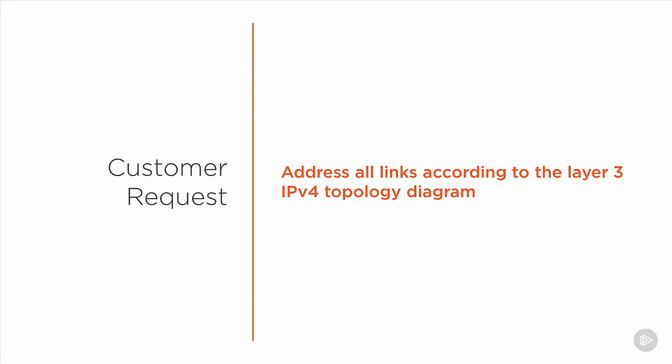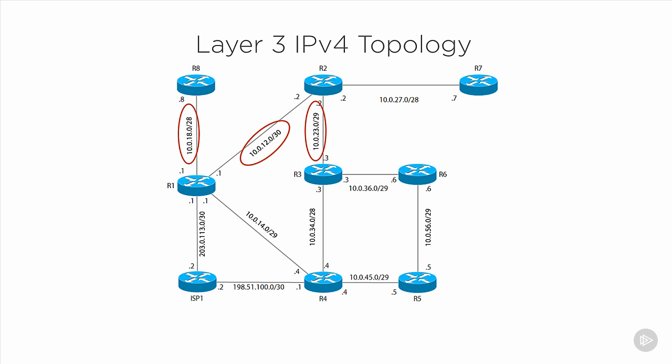The customer is asking us to address all links according to the layer 3 topology diagram. What we need to know is how to convert these subnet masks in slash notation to dotted decimal notation. I've circled these 3 in particular because they are /28, /29, and /30 subnets.